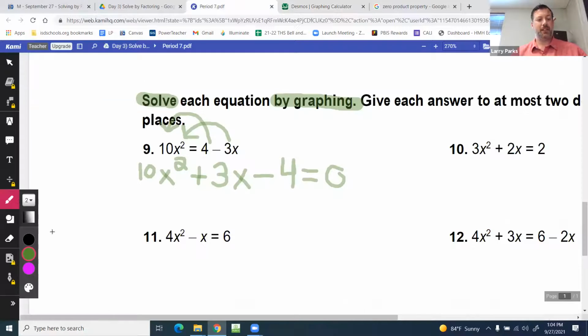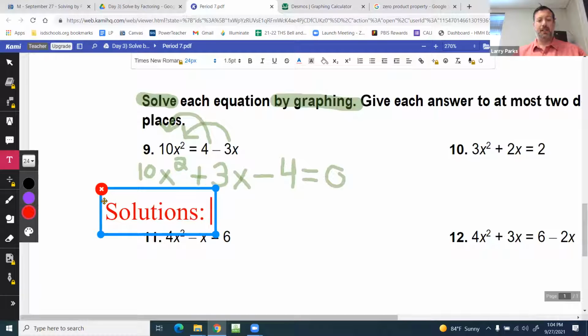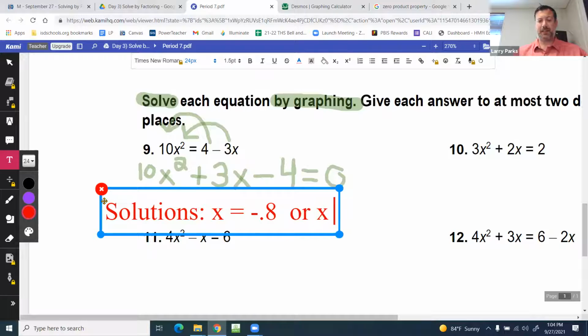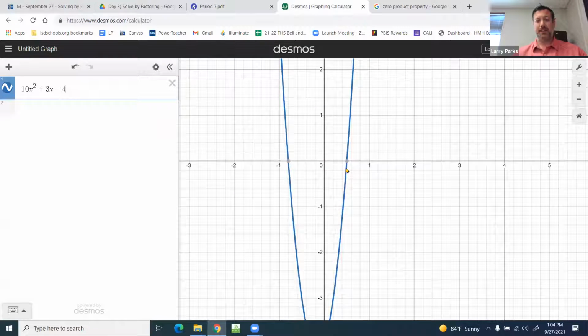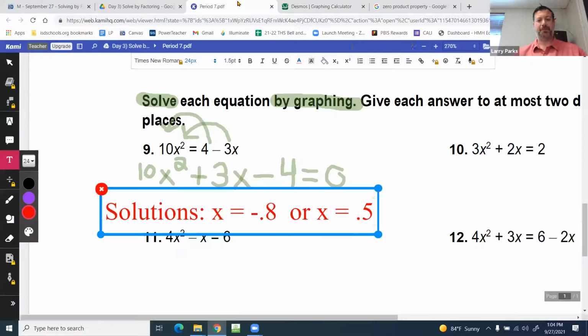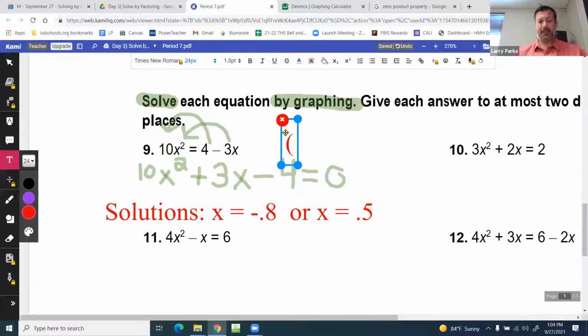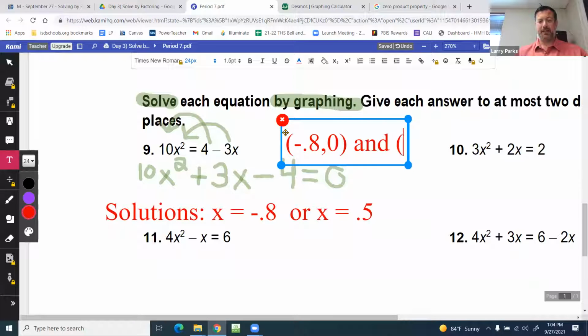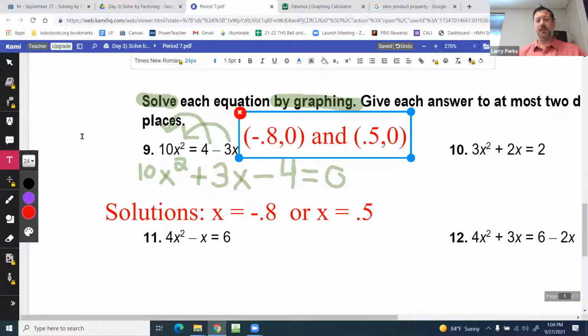So I'd go over here and I'd say, okay, my solutions are x equals negative 0.8, or x equals 0.5. And again, I got that from here and from here. You may also see it written like this as a coordinate, negative 0.8, comma 0, and 0.5, comma 0. All of those are the same thing.